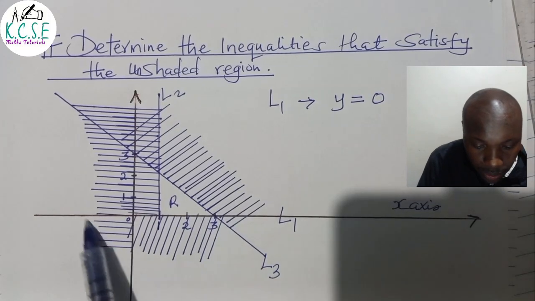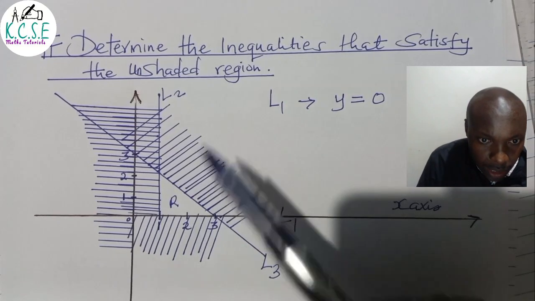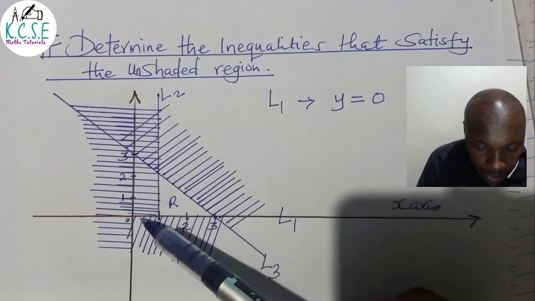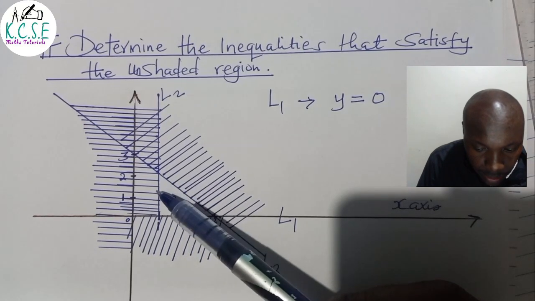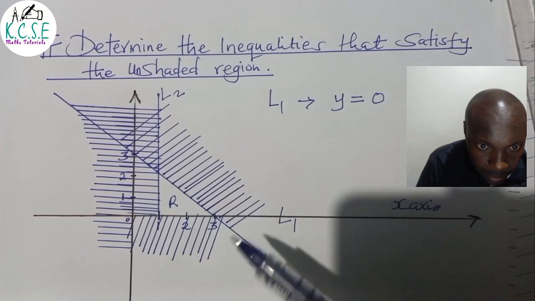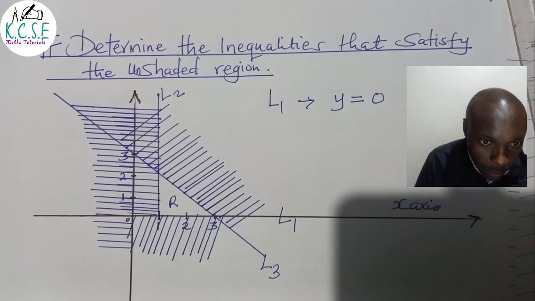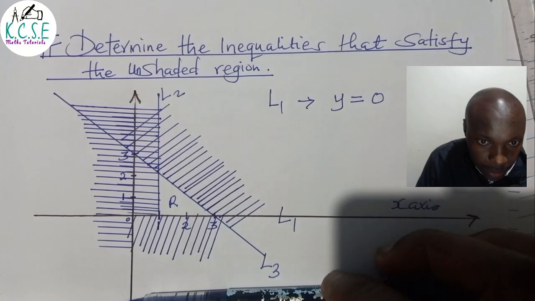Look at this line, this line is continuous. The side that is above the x-axis is the side that is greater than. So y is greater than 0. That is the side above that line, and that is what we require. The side below is less than.